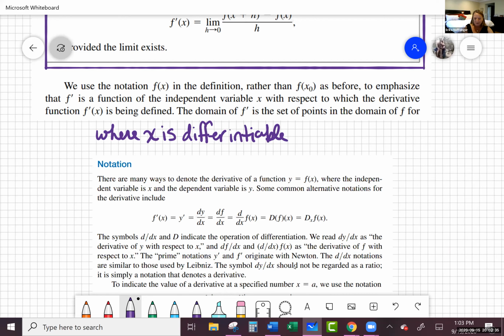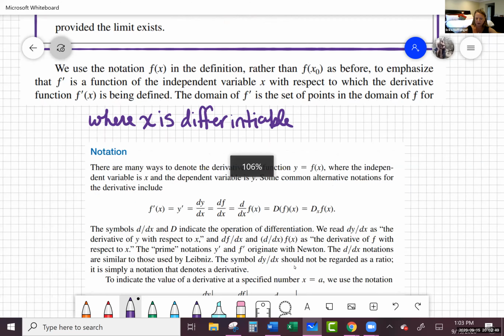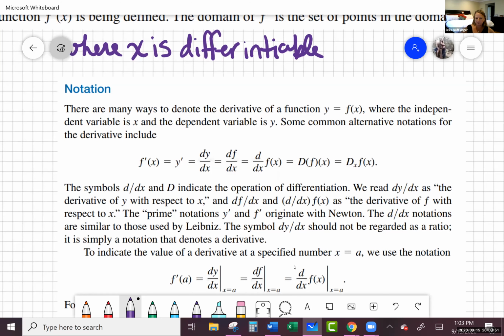There are so many ways to notate that you're taking the derivative of a function, and you just have to be aware of all the different ways you can write it. One of them is f prime of x, like we just were using. If we called it y, maybe we say y prime of x.